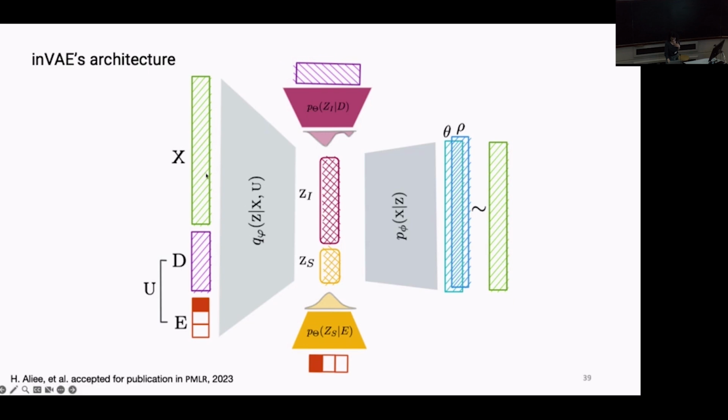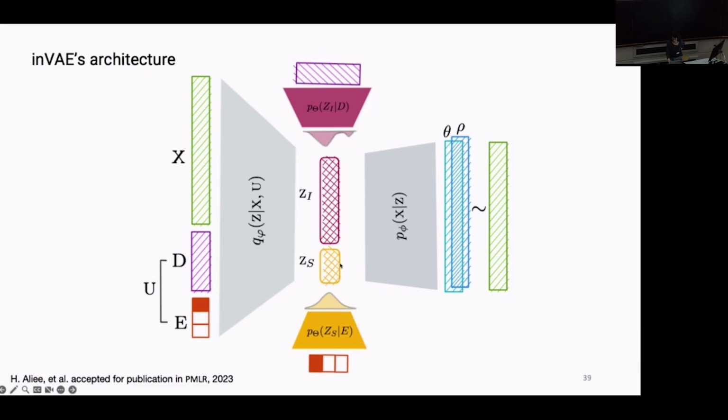There is an encoder that gets the gene expressions, the biological covariates, and the covariates that explain the technical noise, which we model using a one-hot encoding. And then we learn two sets of latent variables, Zi and Zs.